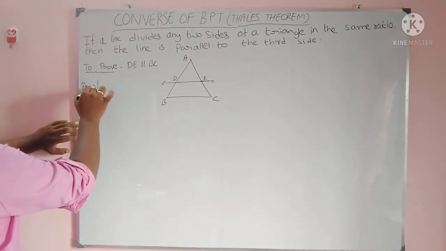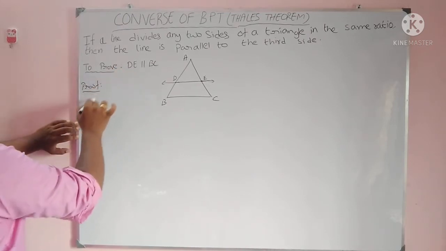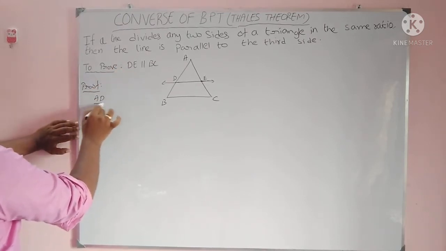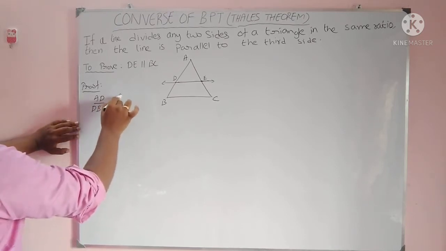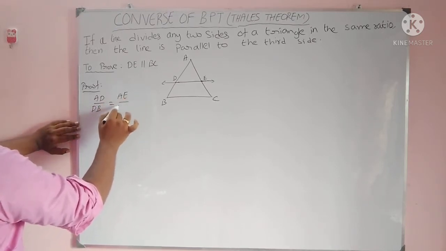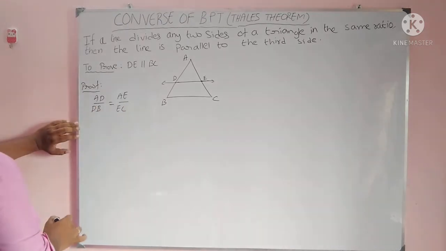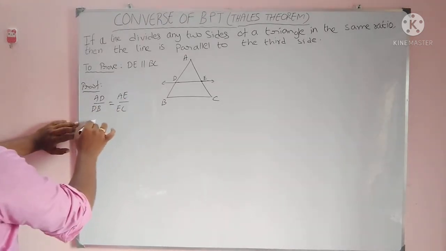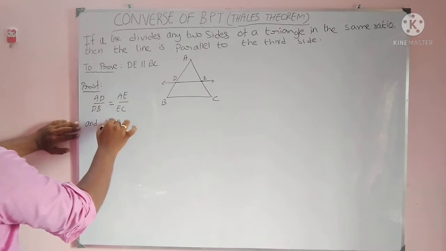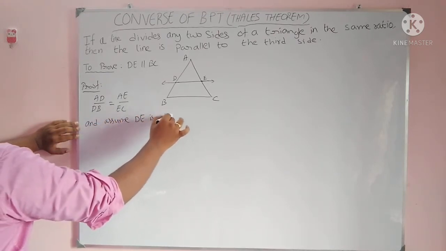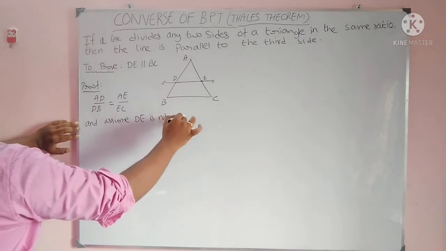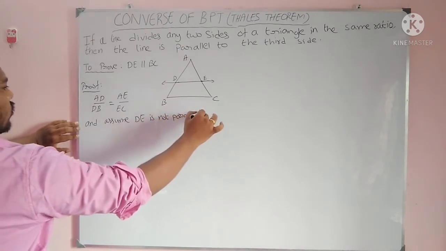Therefore, we can write AD by DB is equal to AE by EC, and assume DE is not parallel to BC.